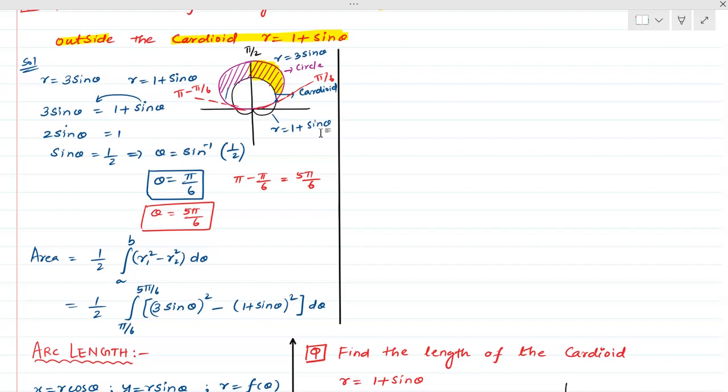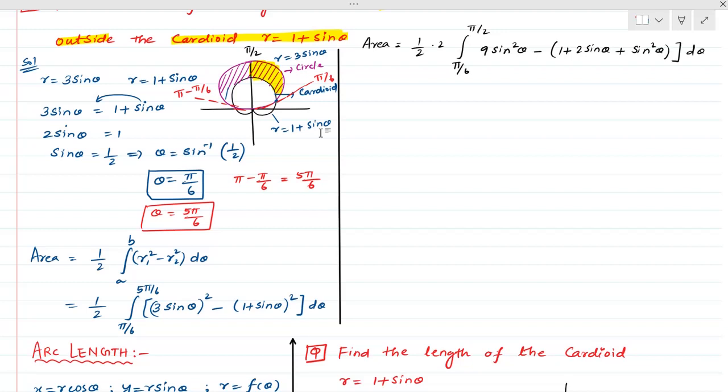The area is given by area equal to 1 over 2, this is 2 times, I will write it here, from pi over 6 to pi over 2. So I multiply by 2. Therefore, if you multiply, you will get 9 sine square theta minus, this is a plus b whole square, a square plus 2ab plus b square.